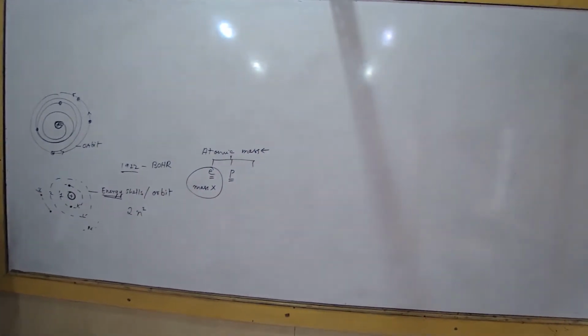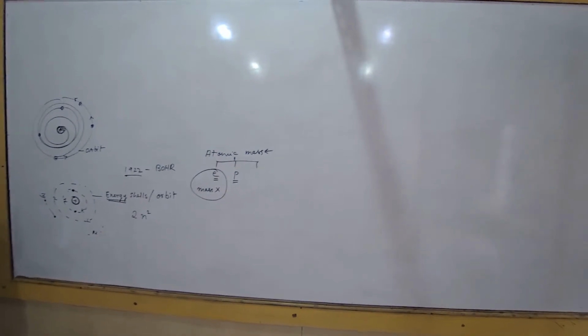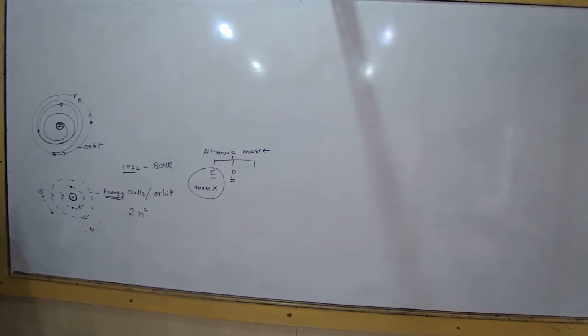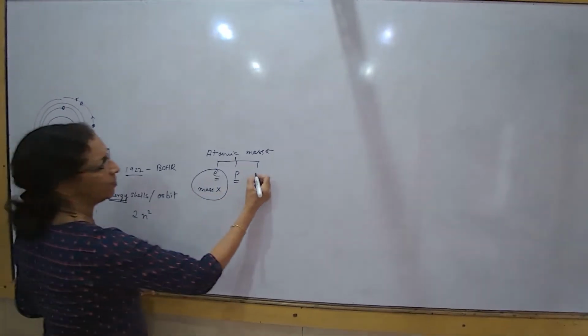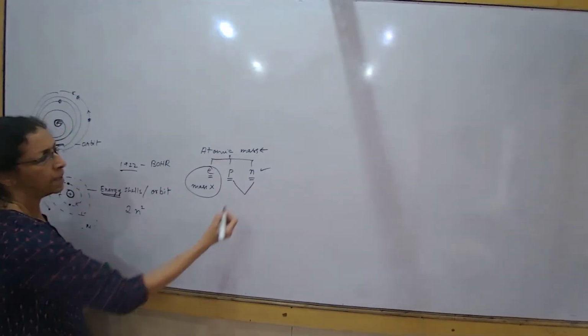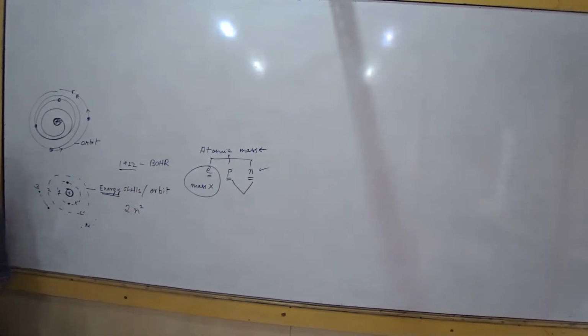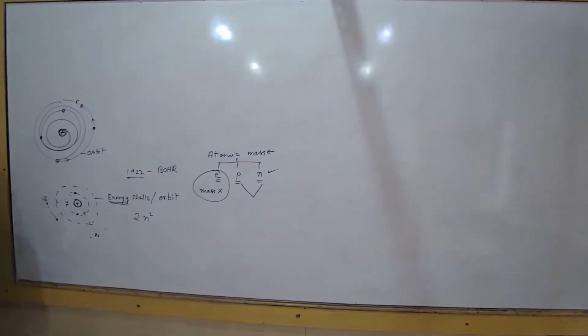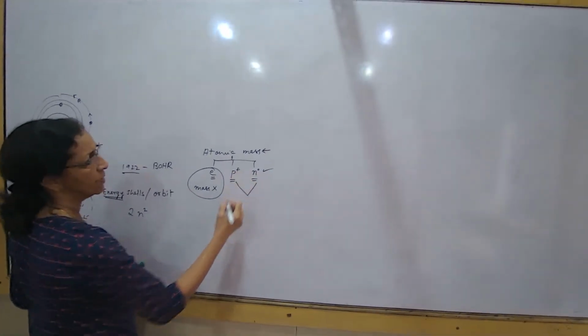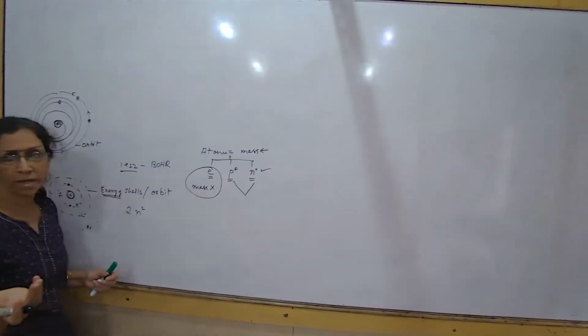Do you understand what I'm saying? The atomic mass was much more than the total mass of the protons. So that is when he said there could be another type of particle, whose mass should be very similar to the mass of a proton. That is how neutrons were discovered. And he said it is neutrally charged.